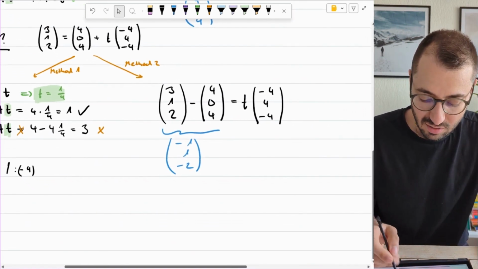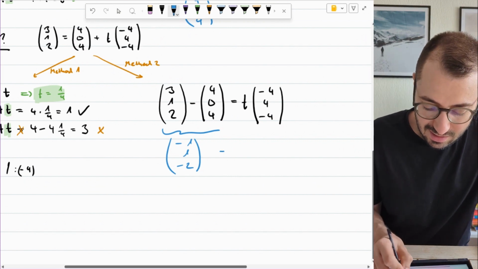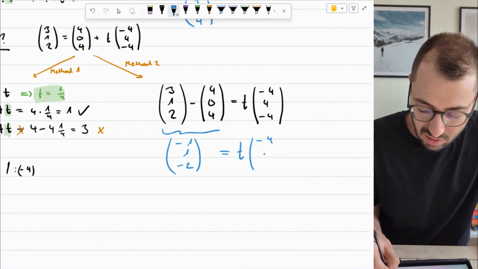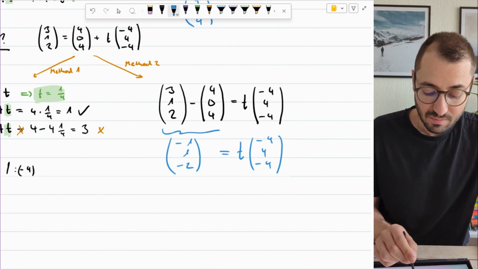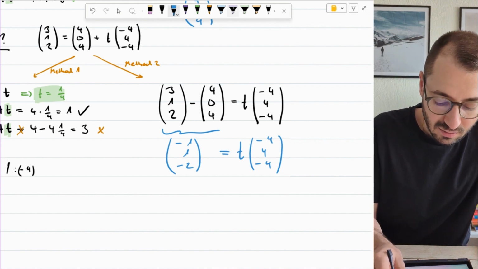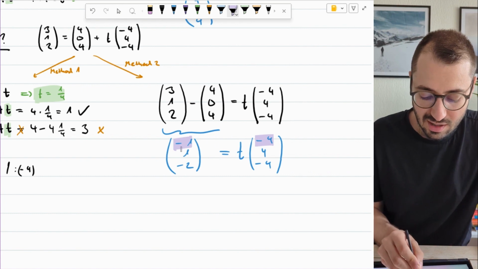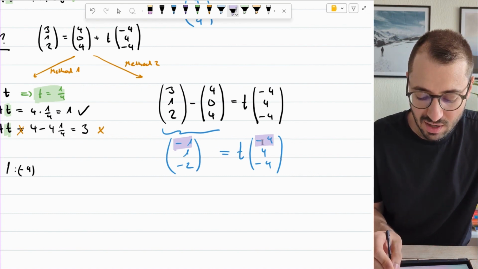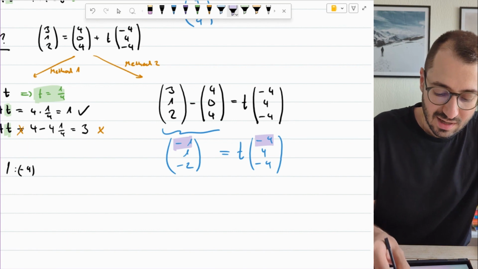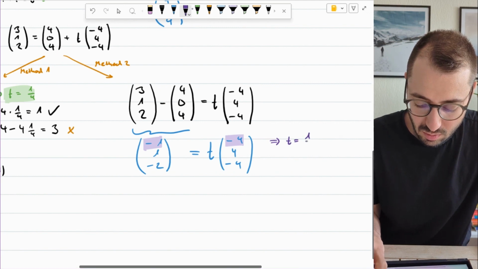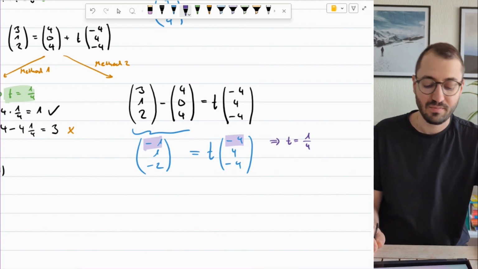The question is now, is this equal to t times (-4, 4, -4)? Looking at the first line, we should have -1 equal to t times -4, so t in this case becomes 1/4.